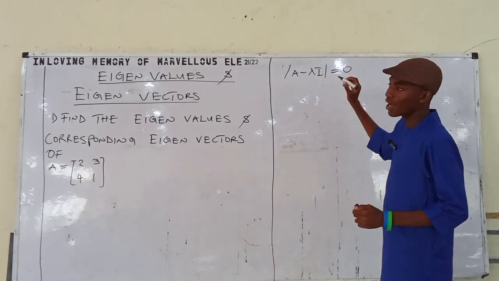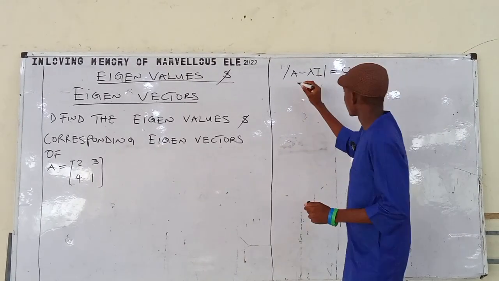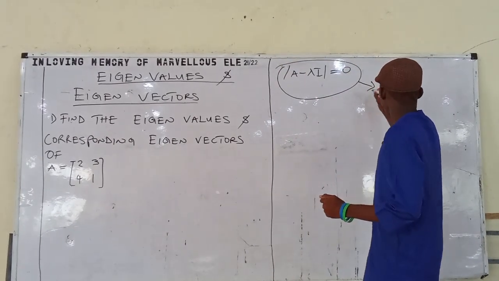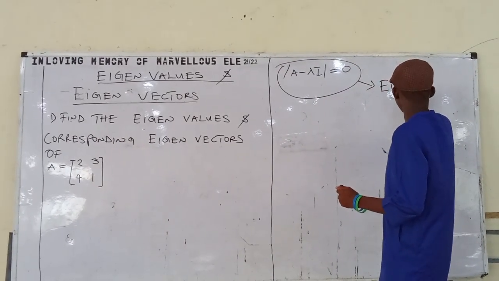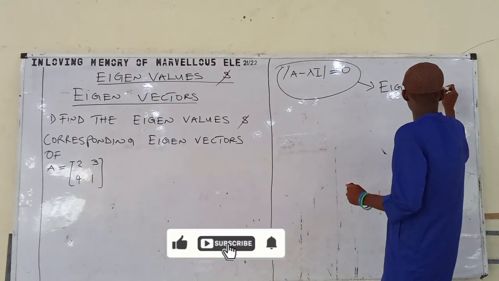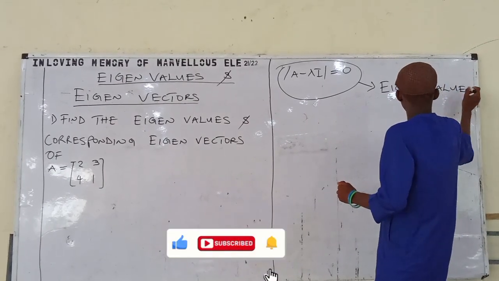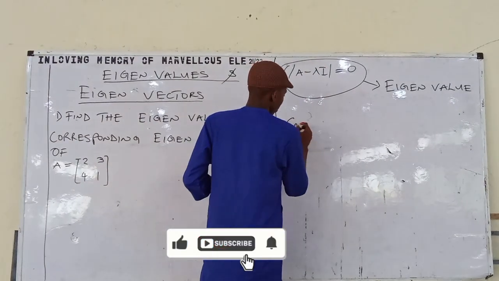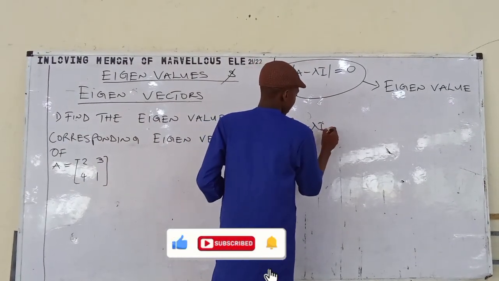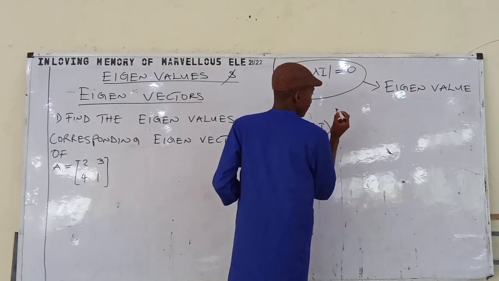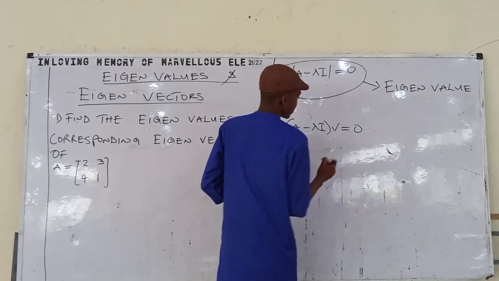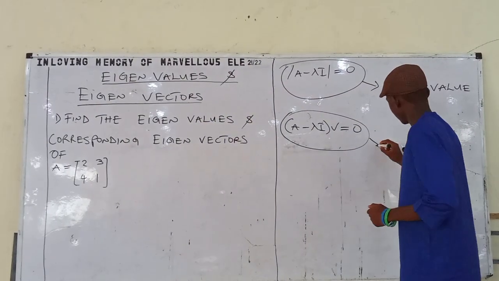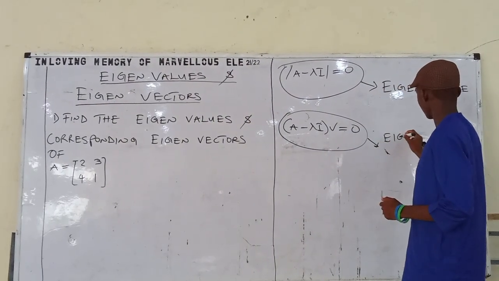This is what you use in solving for your eigenvalues. Now, to solve for your eigenvector, you multiply A minus lambda I by your eigenvector equals 0. This is what you use in solving for your eigenvectors.